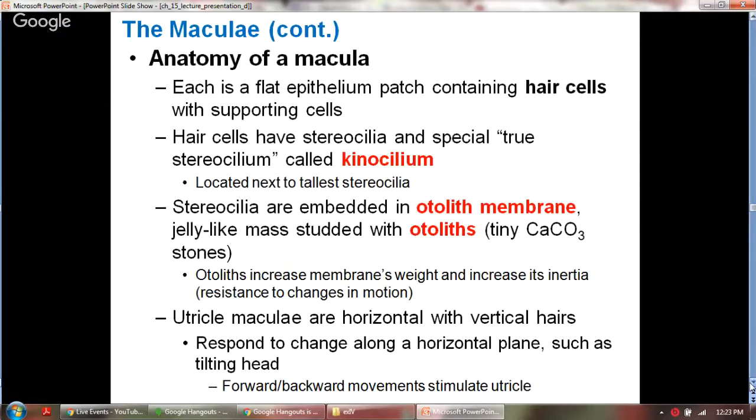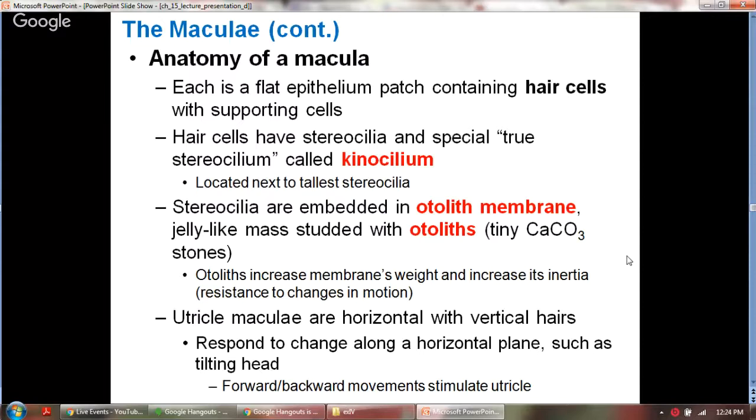movements. The anatomy of the macula: each macula has a flat epithelium patch containing hair cells with supporting cells. The hair cells have stereocilia and one special true cilium called the kinocilium.